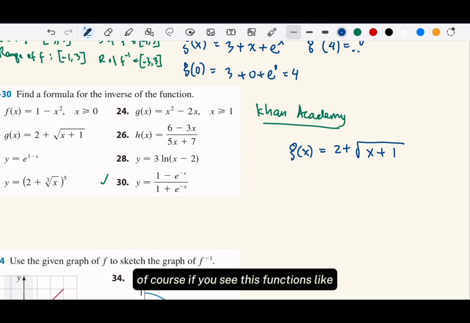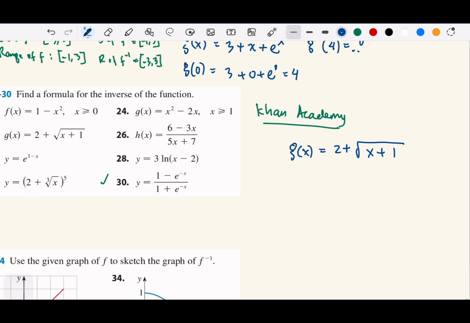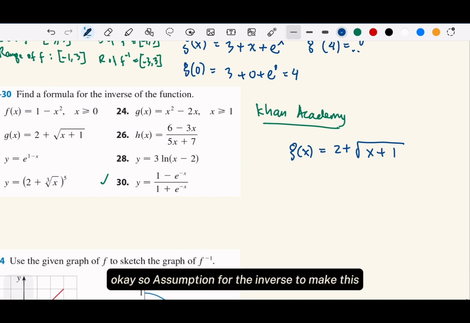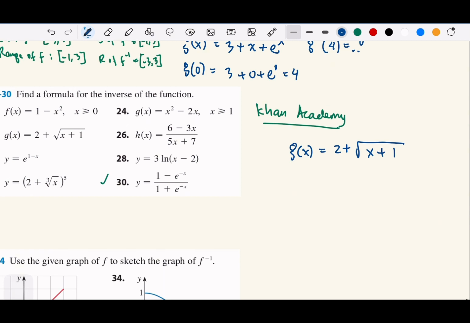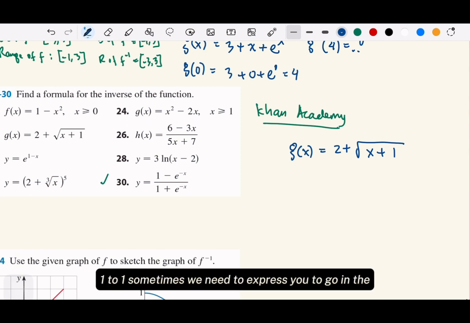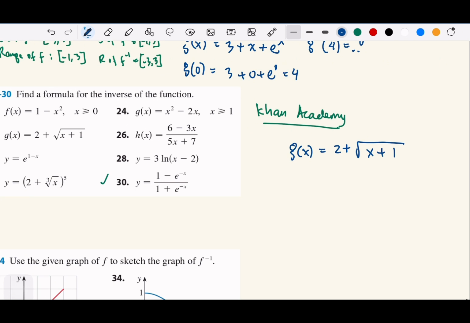Of course, if you see these functions with a square root, the assumption for the inverse, to make this one-to-one, sometimes we need to restrict the domain. I think this one needs the inside of this square root to be at least zero, zero to positive.